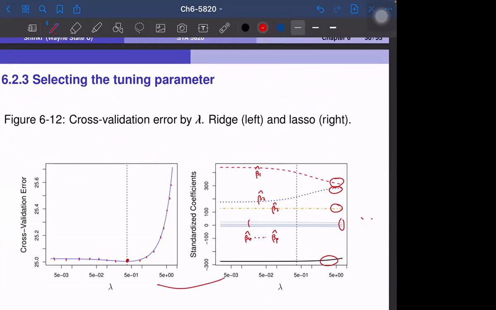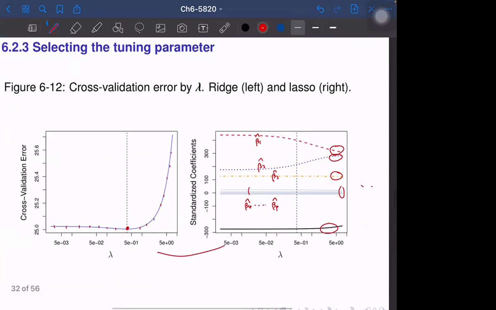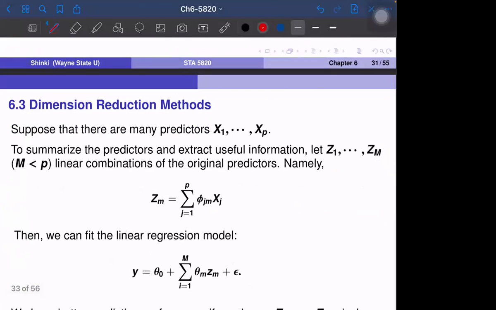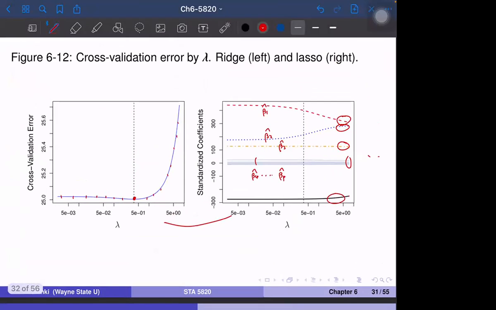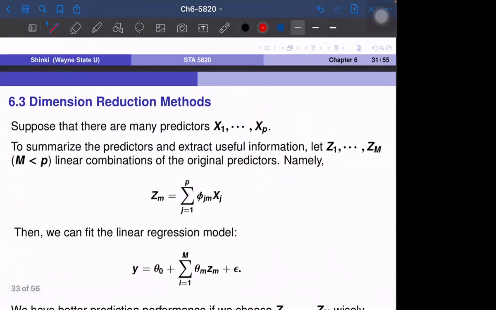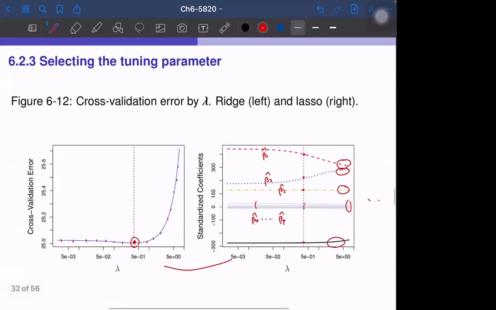But the point is we have our optimal lambda, so finally we choose these parameters. This is how we do ridge regression and Lasso.